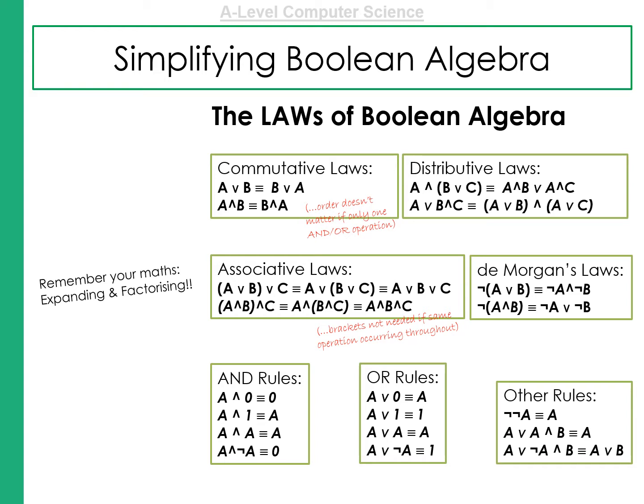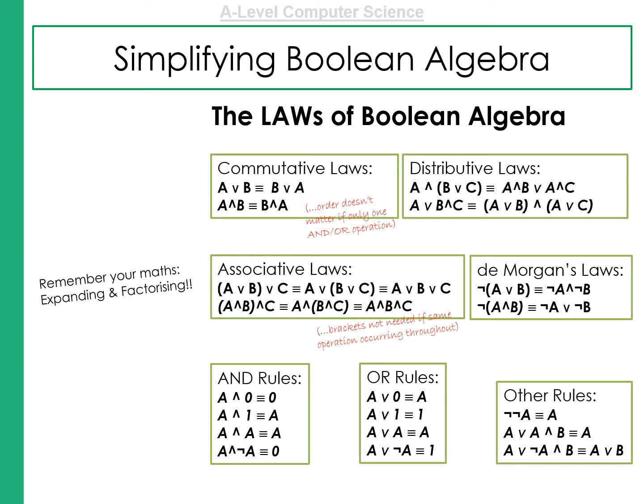Let's have a look at the next set, the distributive laws. In this example, we can think of these a little bit like having brackets in maths. A and (B or C) can equal (A and B) or (A and C). And we can also put something back into brackets.